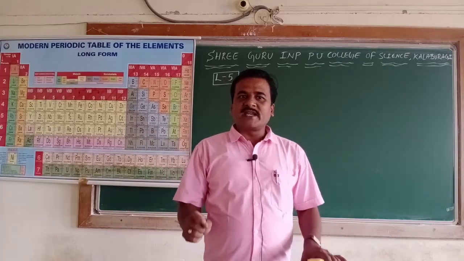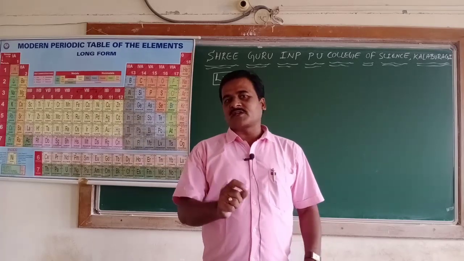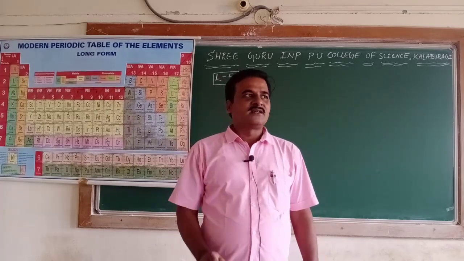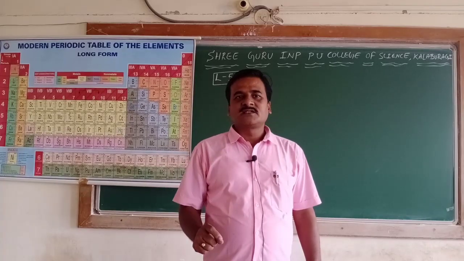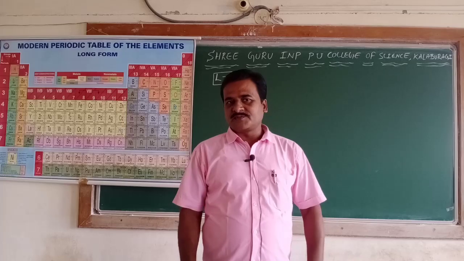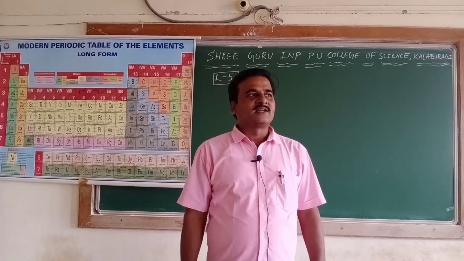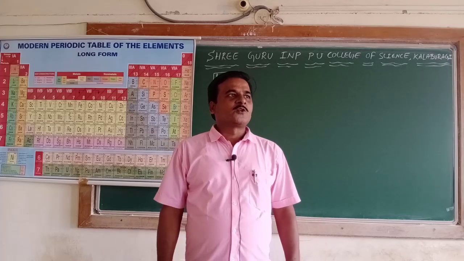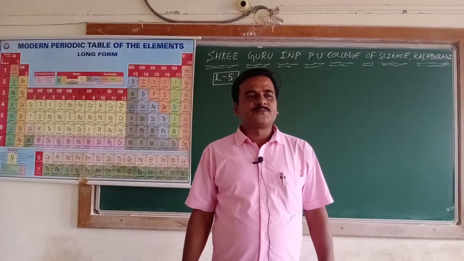The official names till the element with atomic number 111 are given by the IUPAC system. Then onwards, no official names were given. They are yet to be collected. So that was an idea from the last video.